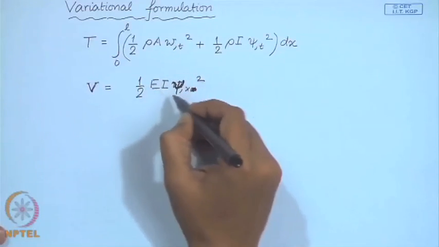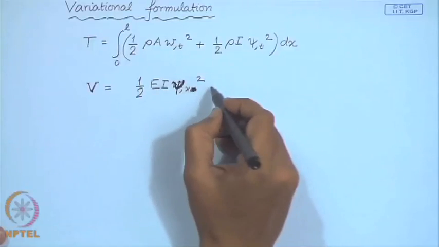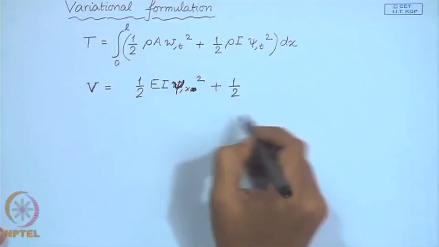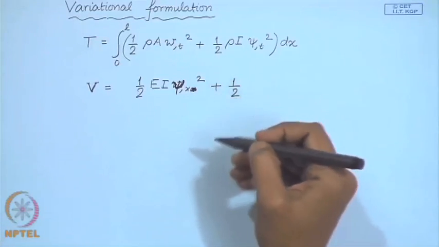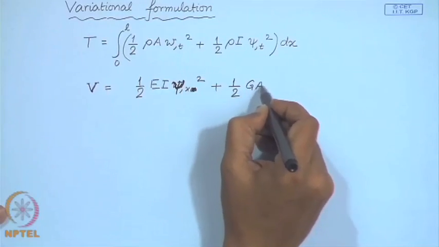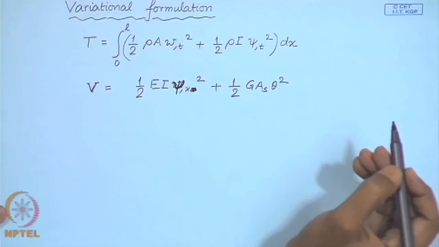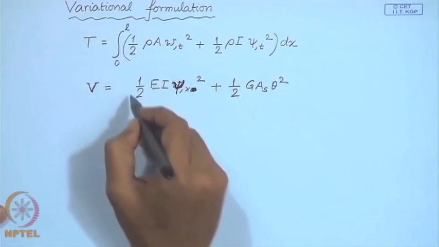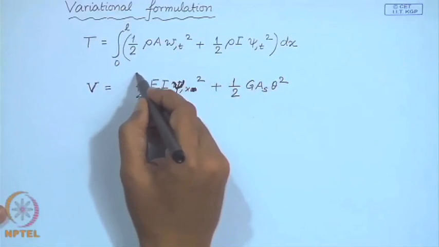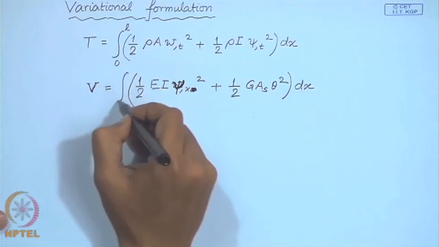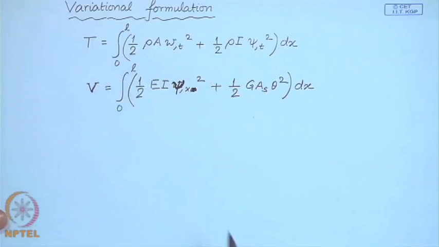This is per unit length, over the area we have already integrated, and in addition to this term we have the potential energy because of the shearing of the element, which reads this, and these are all per unit length over the area we have already integrated. So, this times the small length and integrated over the length of the beam, that is the potential energy expression.